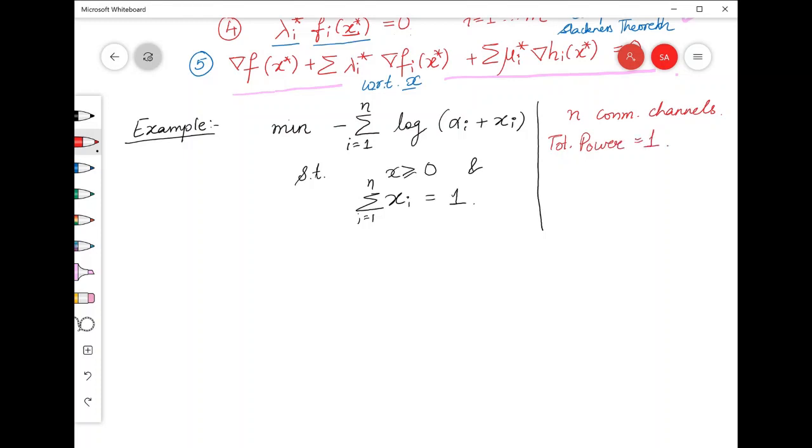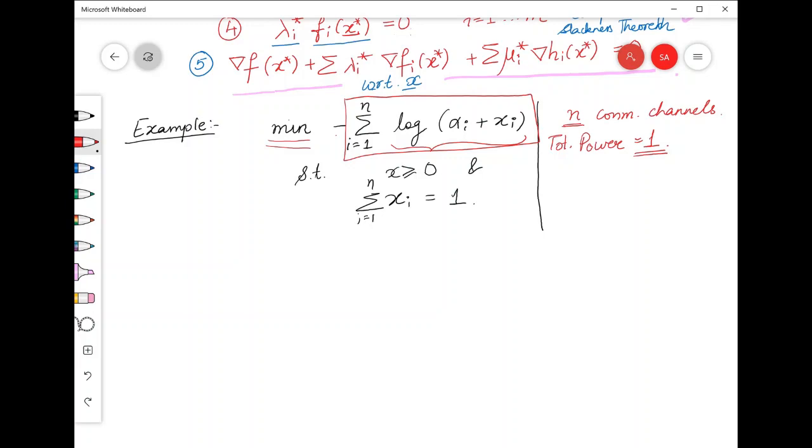Now what you want to do is distribute this total power among these n communication channels such that your overall rate is maximized. So we want to maximize this, which is the rate that you get from all the channels. I made a minimization problem by using a minus sign here.